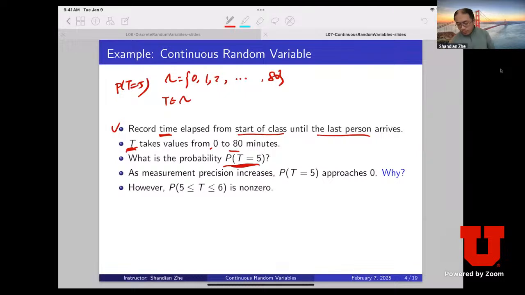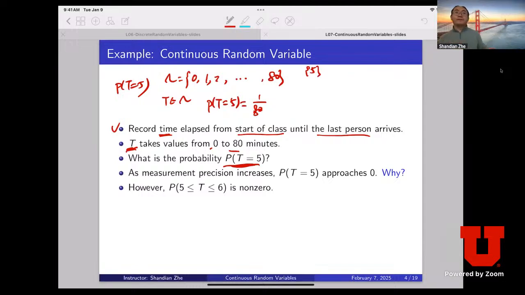So now in this sample space, what is the probability of t equals 5? Yes, 1 over 80. So here t equals 5 represents this event 5. The size of this event is 1, and the size of the sample space is 80.